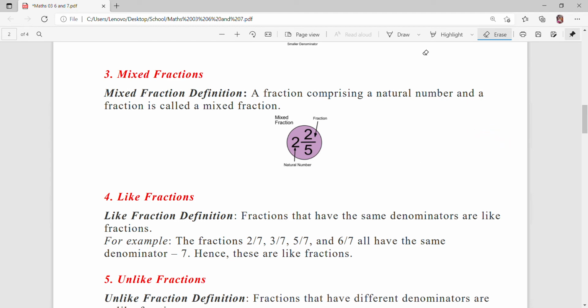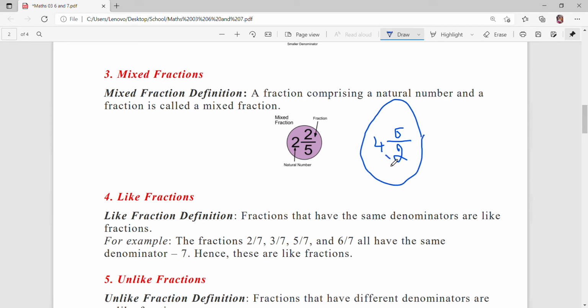Let us take another mixed fraction example. Here we write the natural number 4, and then 6 by 2. This is a mixed fraction. How should it be converted?